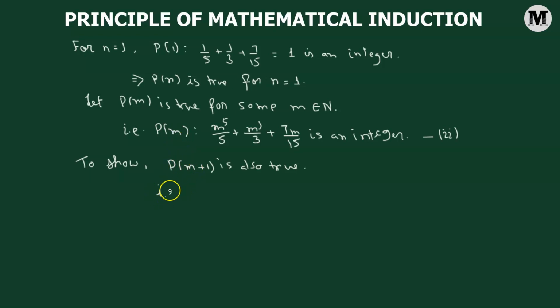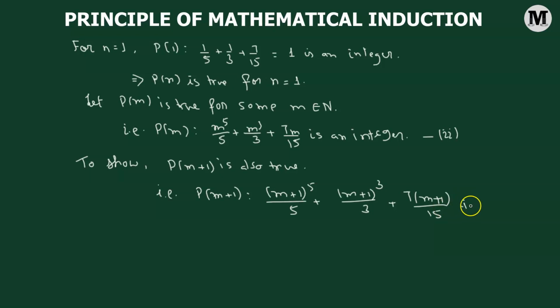That means we have to show that the statement P(m plus 1), which is (m plus 1) whole raised to the power of 5 over 5, added to (m plus 1) whole cubed divided by 3, added to 7 times (m plus 1) divided by 15, is an integer.